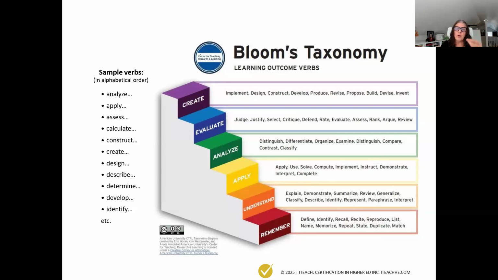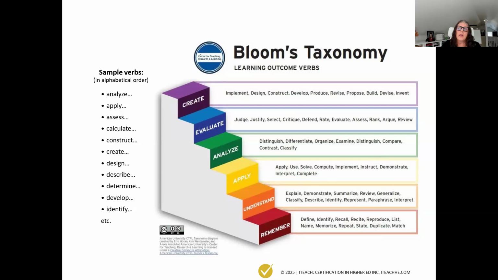So there is a hierarchy to it. However, you do not have to follow these levels. You can start students off at analyzing, or at applying, and then they have to go and figure out what this is. If they don't know the terms, they can figure it out. You don't have to start at remember and work your way up.